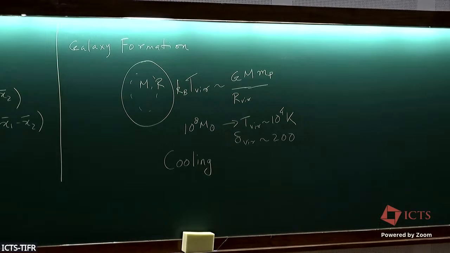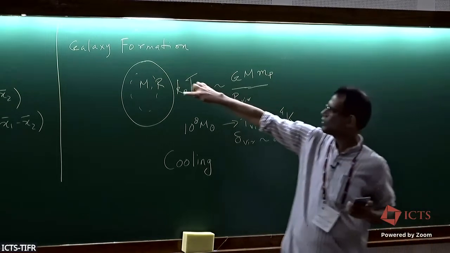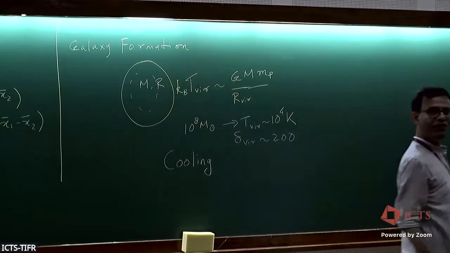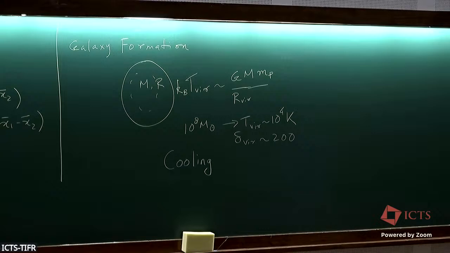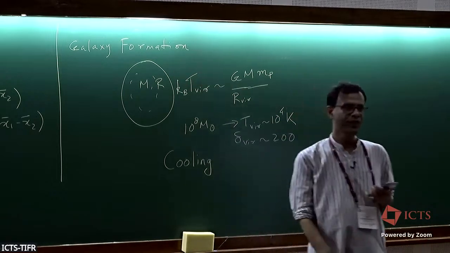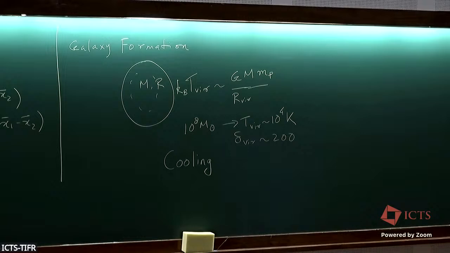If that radiation escapes, can come out from this halo, effectively you have lost energy. You started with something in the ground state, it went up, came back to the ground state, but in the middle you have given up a photon. So essentially, on average, the energy of the system will go down.